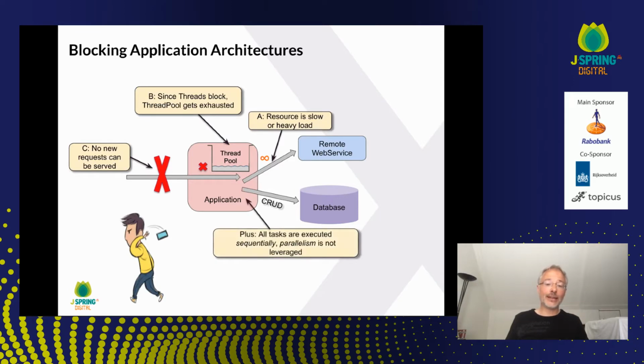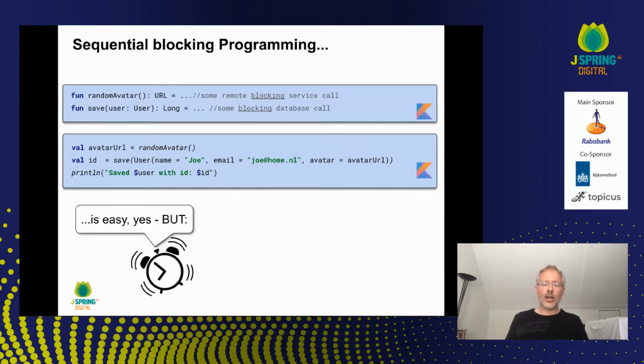In addition to that, all tasks are executed sequentially, so parallelism cannot be leveraged. For now, we don't really need parallelism, but we'll see later on that it can come in very handy in many scenarios. So we can say that sequential blocking programming is easy. I agree. It is straightforward.